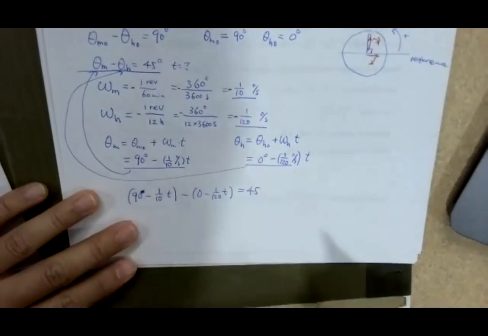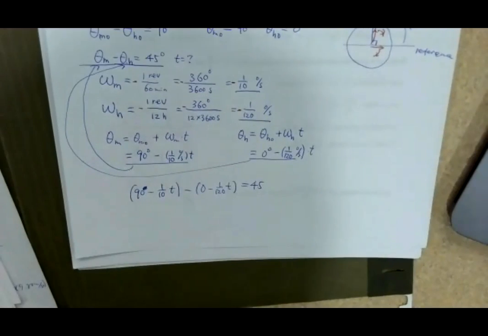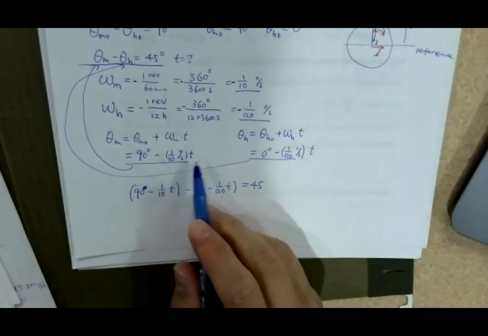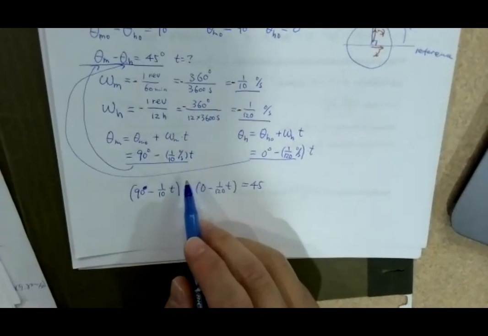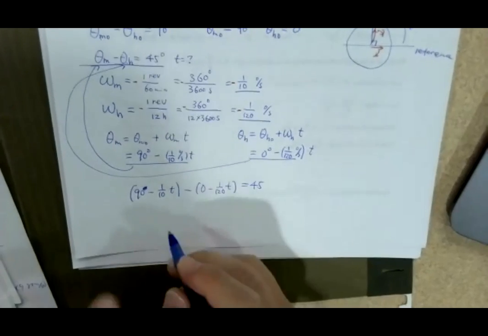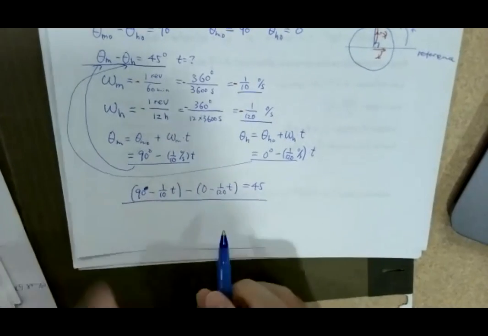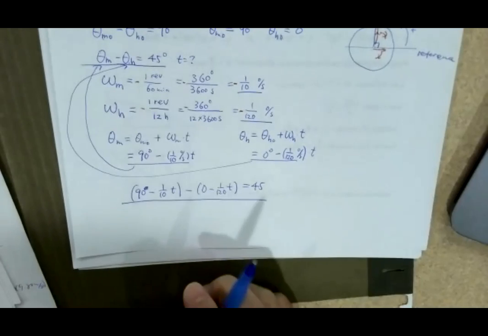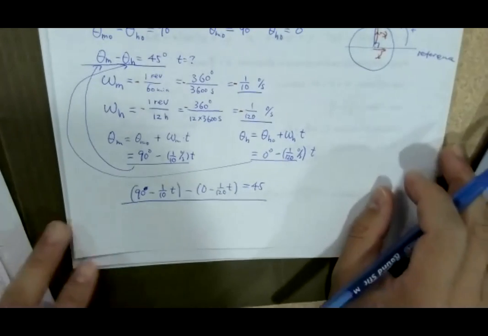We are going to leave out the units. I have degrees per second, so that means the final t when you solve for it should be in seconds. So you have one equation set up with just the unknown t in it. You can solve for the unknown t.